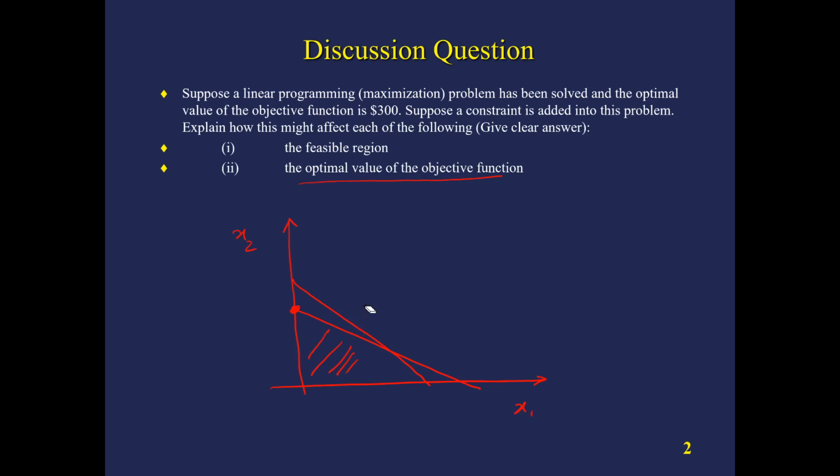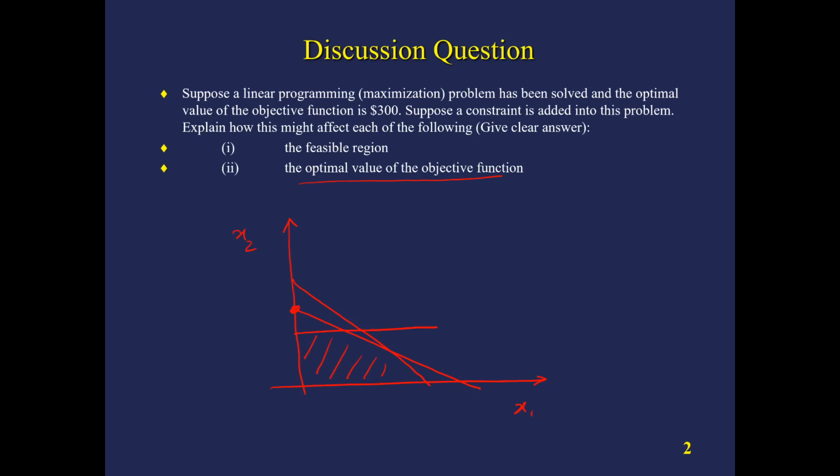However, if we add a constraint which is like this one, and our new feasible region is this one, then of course the optimal point, which was in the previous feasible region, is no more there.